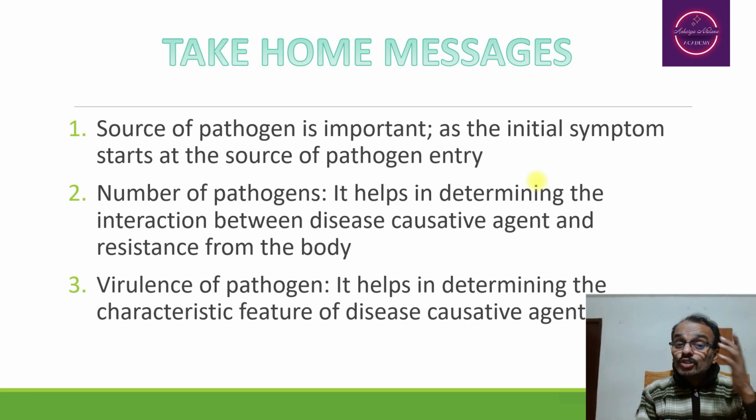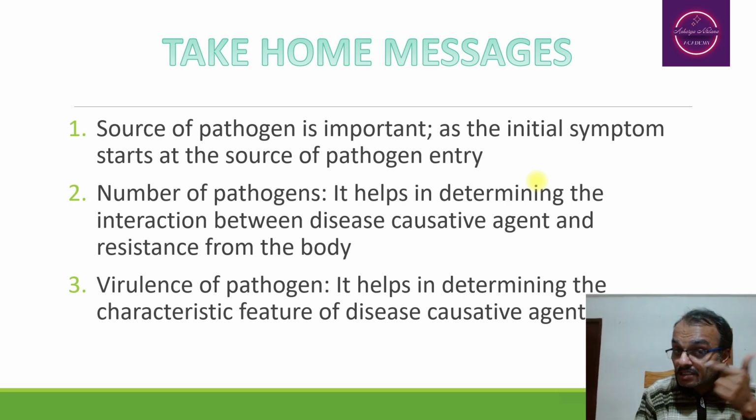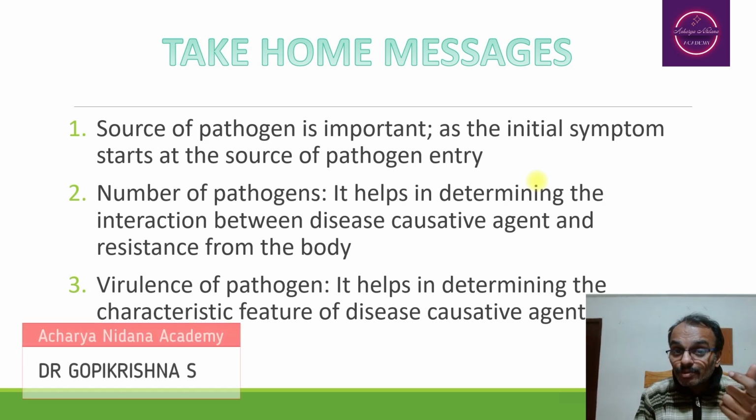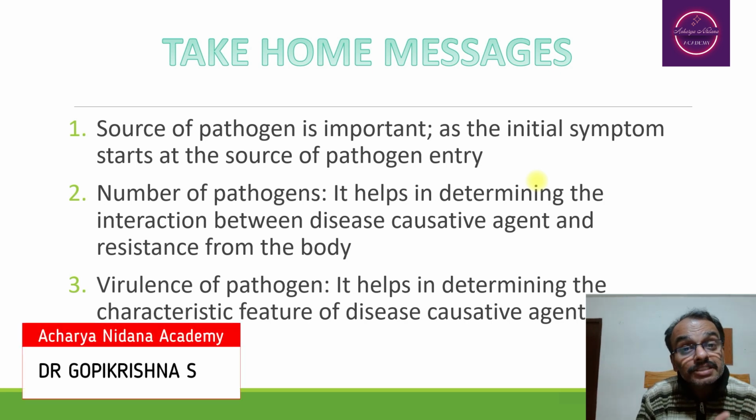If the person has the source of entry in the eyes, the initial manifestation is related to the eyes only, such as itching or burning sensation in the eyes, or secretions from the eyes, or redness of the eyes, et cetera. And the number of pathogens.